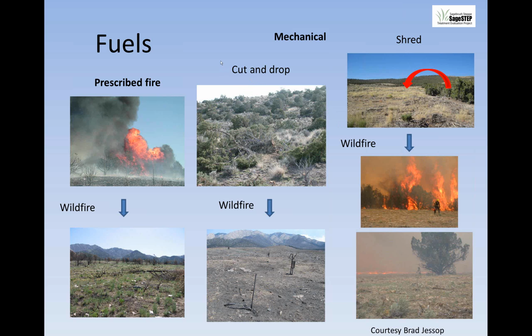And here's again the Stansbury site, just to take a look at how these practices help control fuels. So we did these treatments in 2007 at the Stansbury site, prescribed fire, and that was one of our best prescribed fires. We got a really thorough burn because we did it at the end of September when it was dry. And then we did cut and drop and shredding.